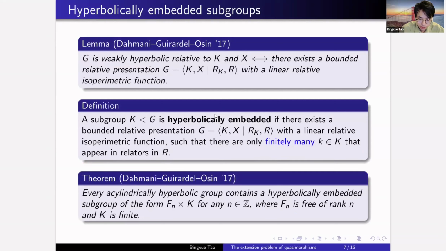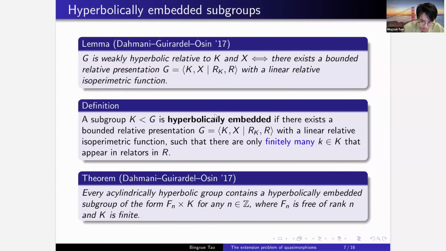So here is a theorem by Dahmani, Guirardel, and Osin. It concerns cylindrically hyperbolic groups. I didn't introduce what cylindrically hyperbolic groups are, but I will say something about it. Every cylindrically hyperbolic group contains a hyperbolically embedded subgroup which is a free group, in a direct product with a finite group.